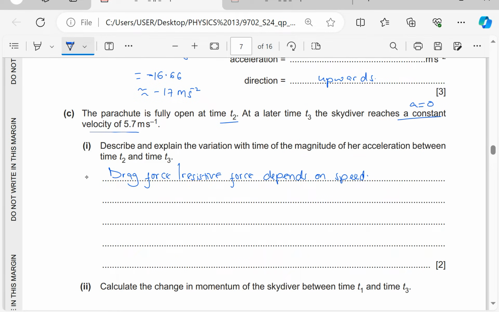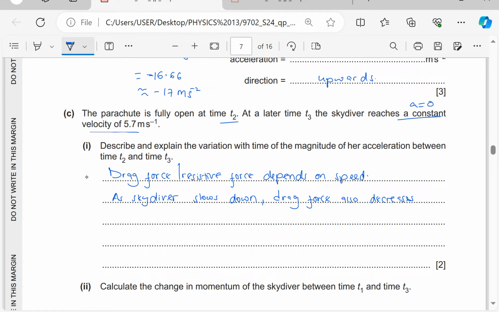So I would say as the skydiver slows down, the drag force also decreases.